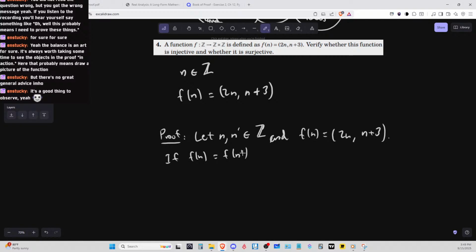Because now we're working with ordered pairs, not really equations, which probably makes this a little bit harder.